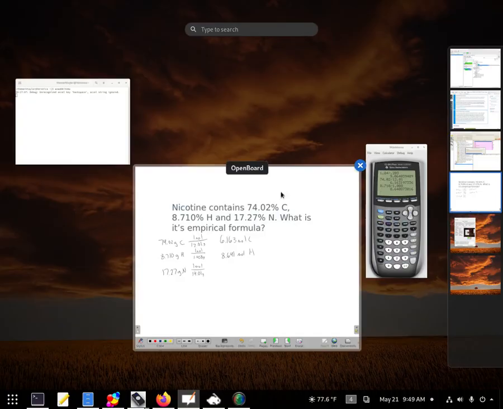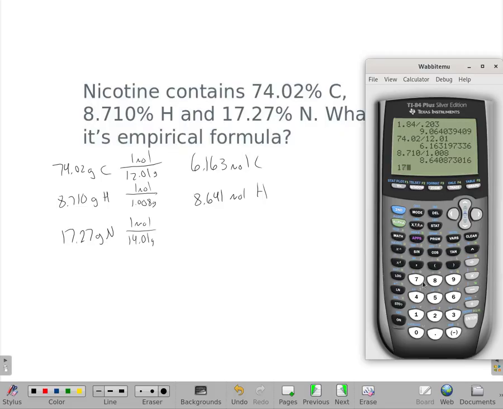And our last one, 17.27 divided by 14.01 is 1.233.